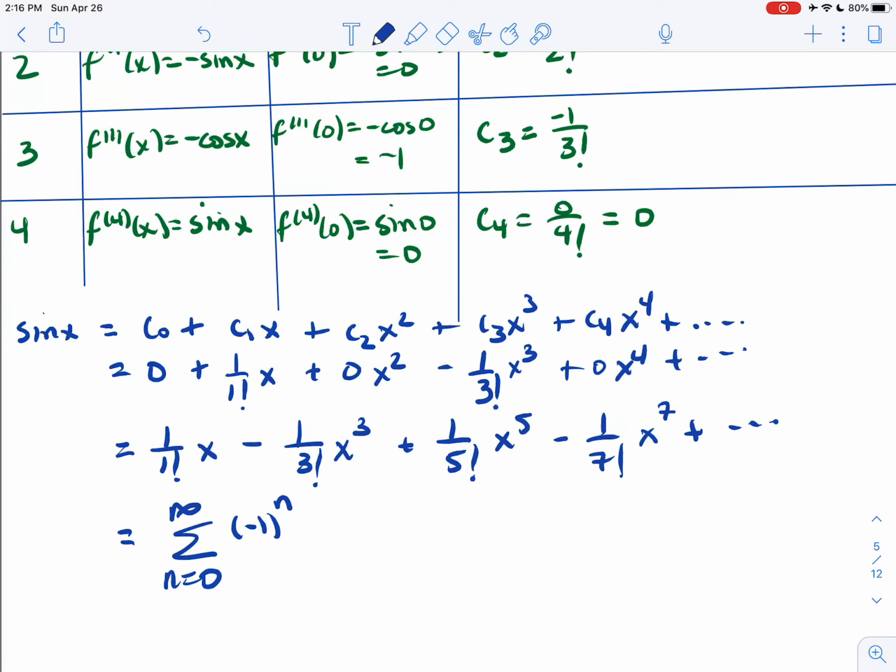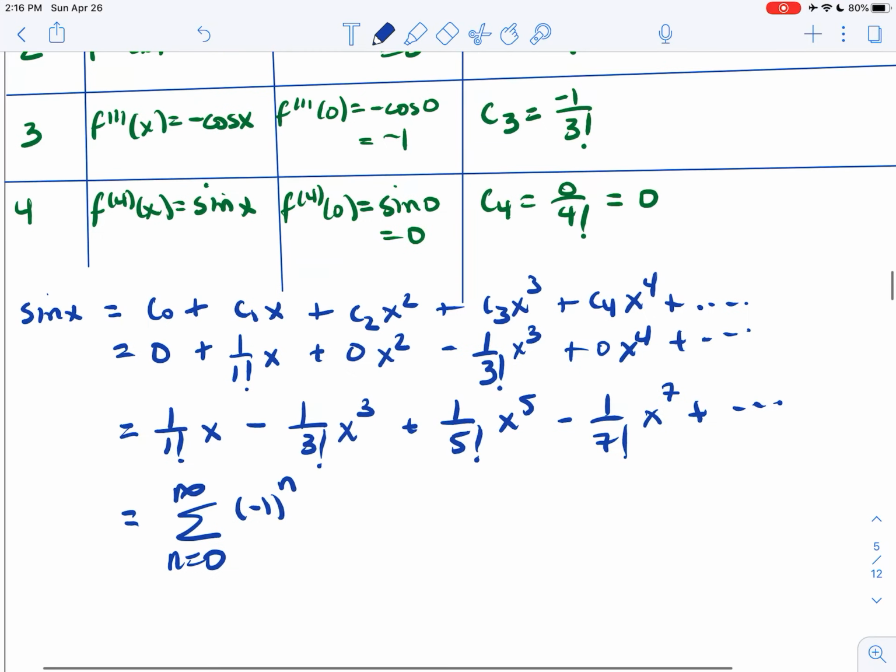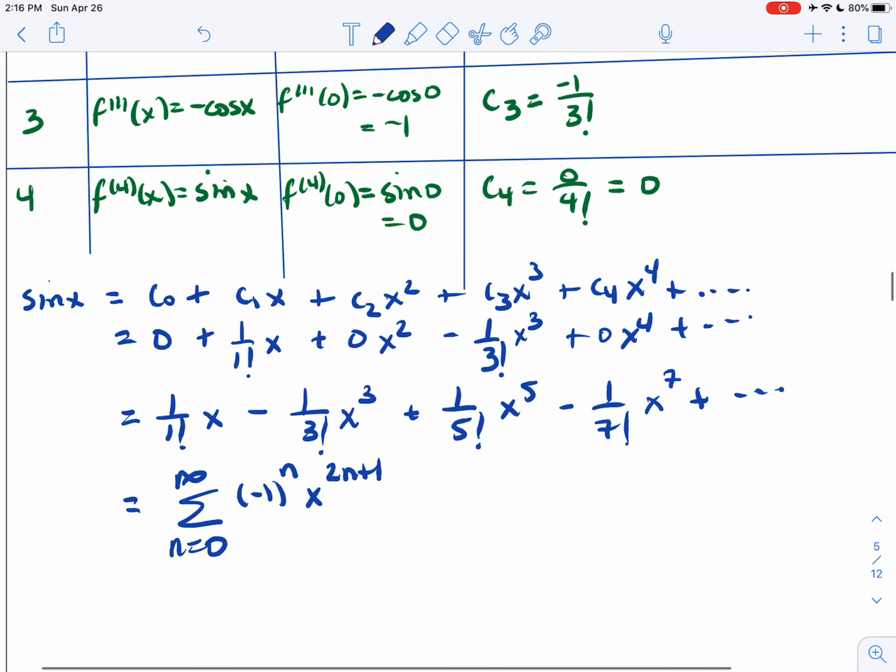So how do we express an odd number? We usually express an even number by saying 2 times n, because then it always has a factor of 2, so it will always be even. But in between even numbers, we have odd numbers. So if we just added 1 to it, then we should get what that is. So if I just said that this is x to the 2n plus 1, and if I started with 0, 2 times 0 plus 1 does give me my very first coefficient.